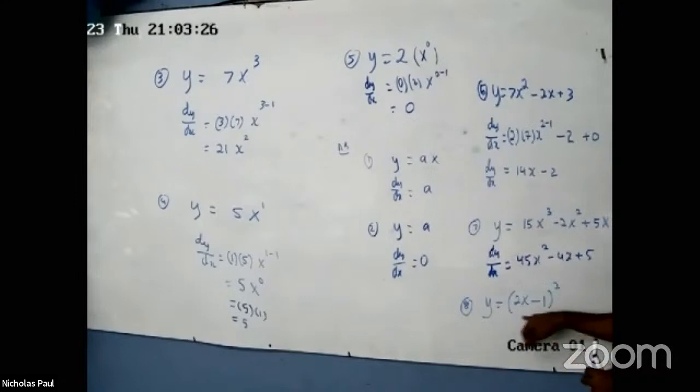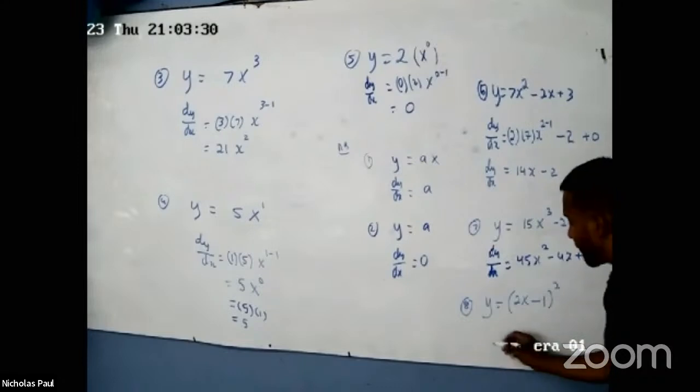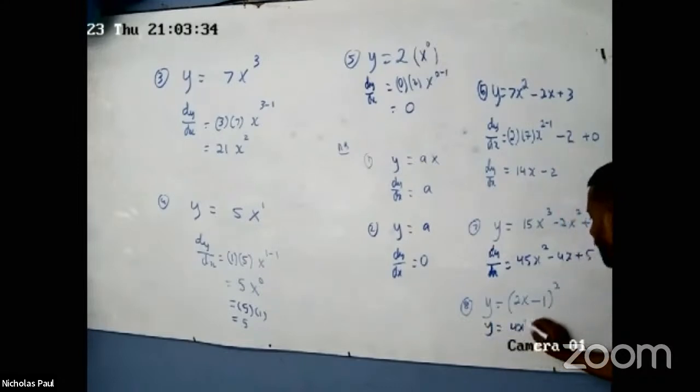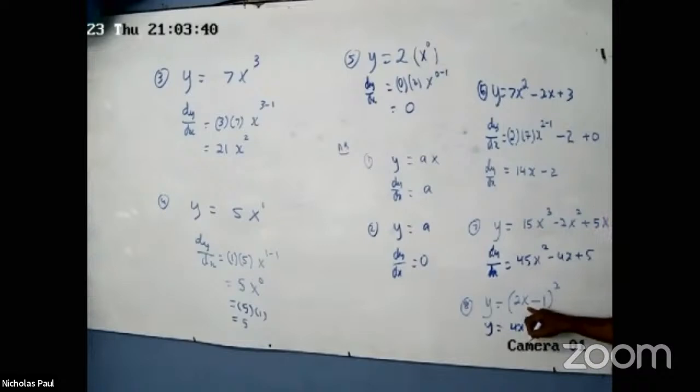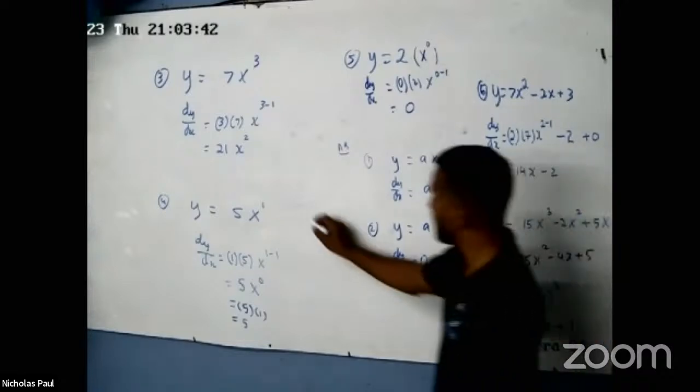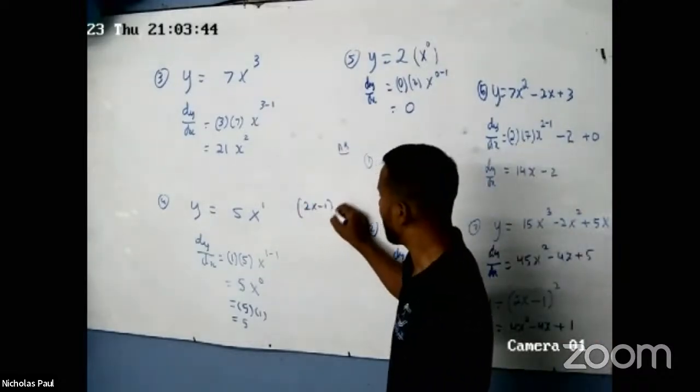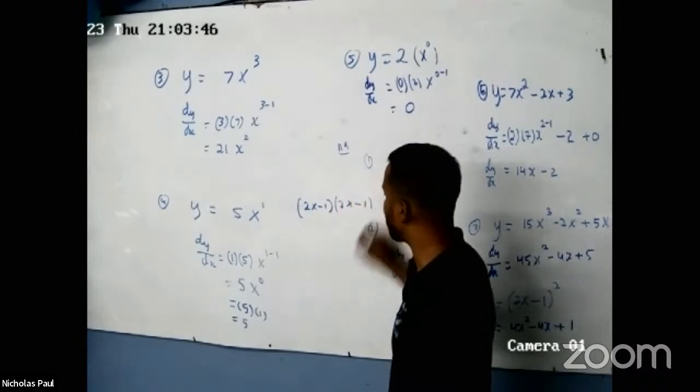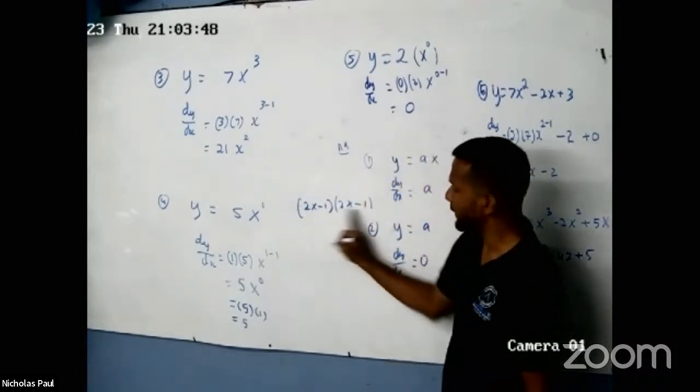Did you all multiply it out? Yeah. If you expand it out, that's before you differentiate it. Before you differentiate it, you'll get 4x squared minus 4x plus 1. That's when you expand this out properly. 2x minus 1, 2x minus 1, 2x by 2x, and so on.